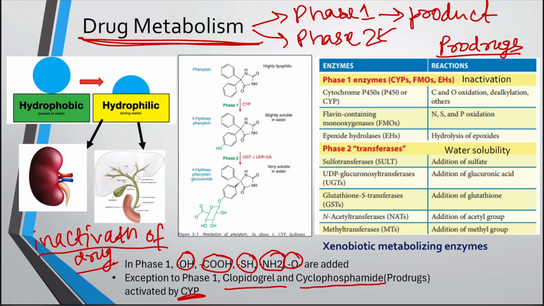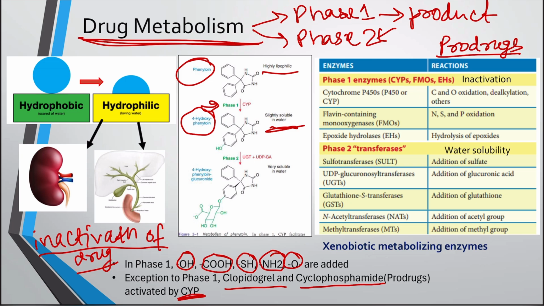So here you can see one example of the drug which is undergoing both phase 1 and phase 2 reactions. So we have the example of phenytoin, which is highly lipophilic, that is hydrophobic in nature. So it undergoes the phase 1 reaction with the help of the cytochrome enzymes, that is CYP enzyme, and it is getting converted into 4-hydroxyphenytoin, which is slightly soluble in water.